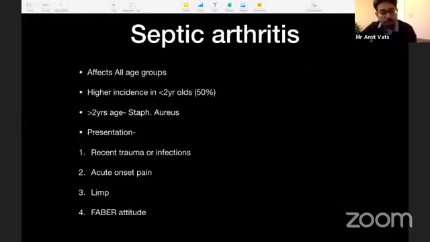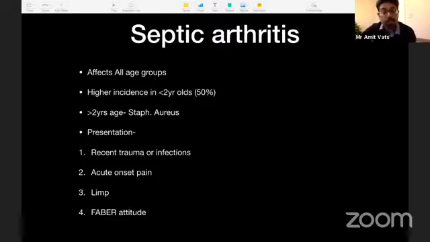With a limping child, the first thing that you'd want to rule out is septic arthritis. It affects all age group children, with higher incidence in less than 2-year-olds. If they are more than 2 years old, the commonest organism, again, is Staphylococcus aureus, as in adults. There may be a recent history of trauma or infections, an earache or a sore throat, and acute onset of pain.